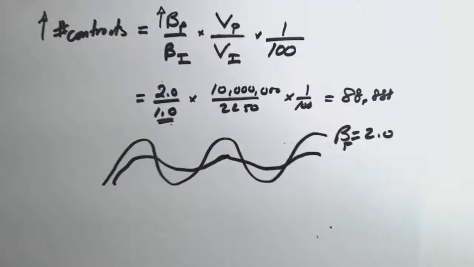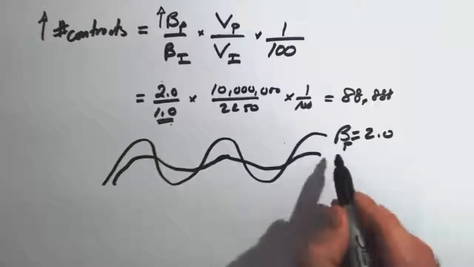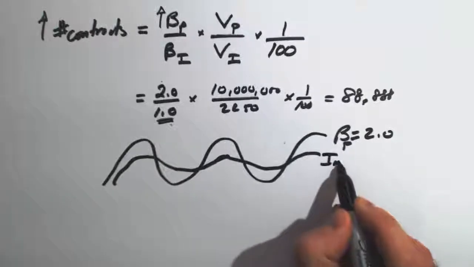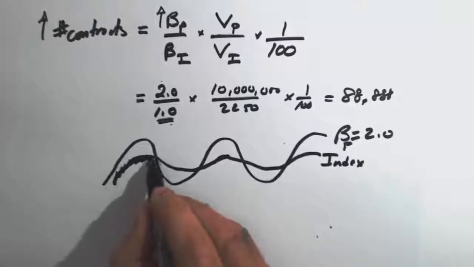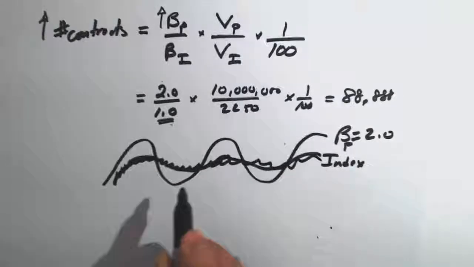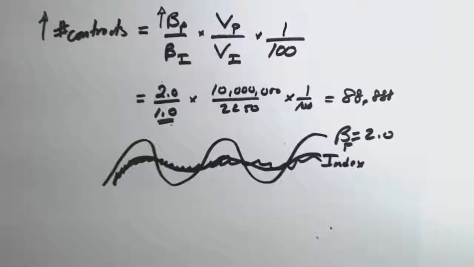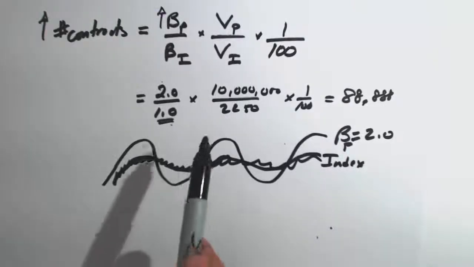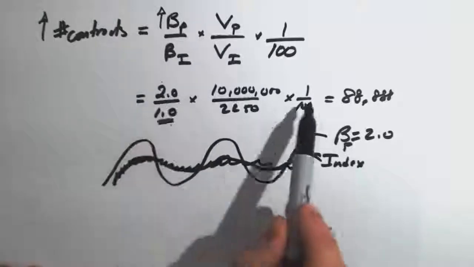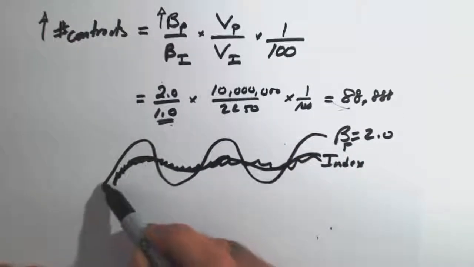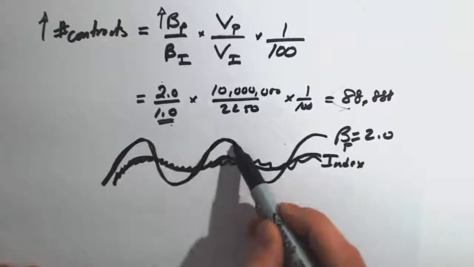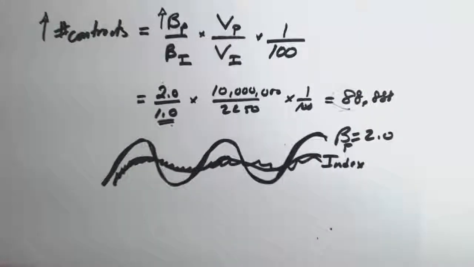In other words, your portfolio is twice as volatile as the index. So this is the index. As you can see, the index is much smoother than your portfolio. So the point is, you need twice as many contracts to absorb all this extra volatility that you have in your portfolio, because this is a 1 and this is a 2. So when you have a risky portfolio, it means you need more contracts to hedge.